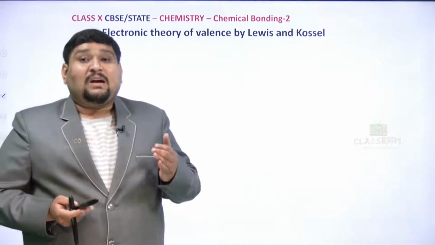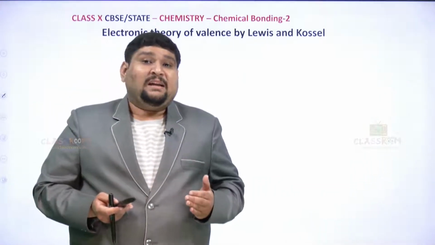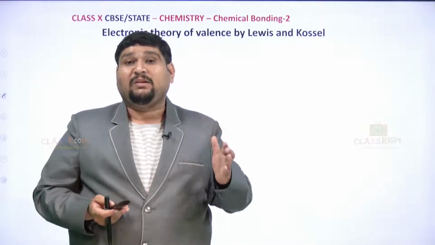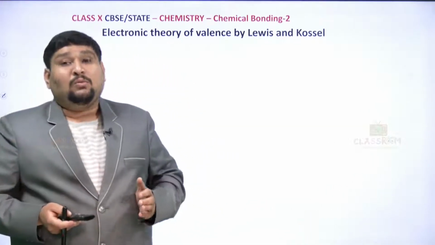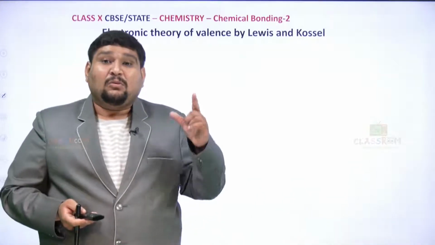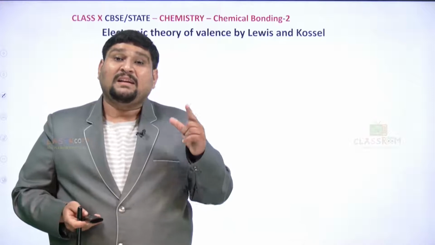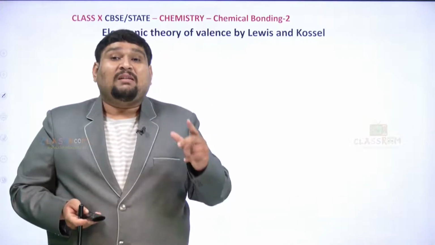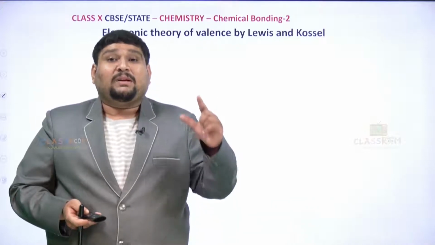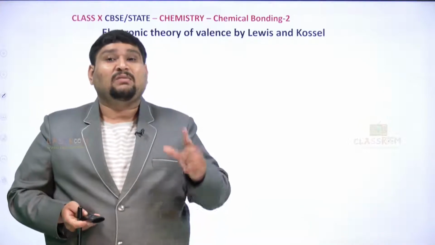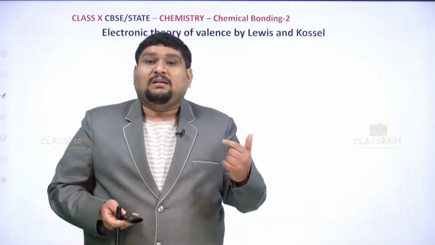When we arrange the existing 118 elements in the periodic table, the elements are arranged in groups, where the number of valence electrons is nothing but the group number, which clearly indicates the number of available valence electrons, or the valency of that group.